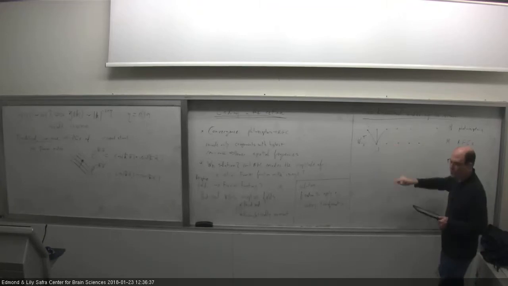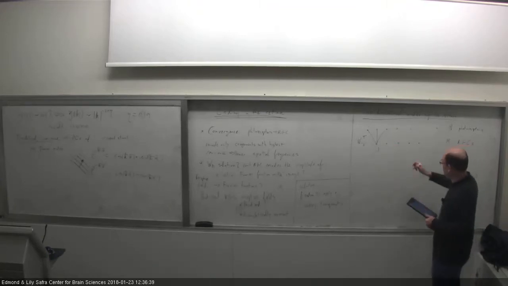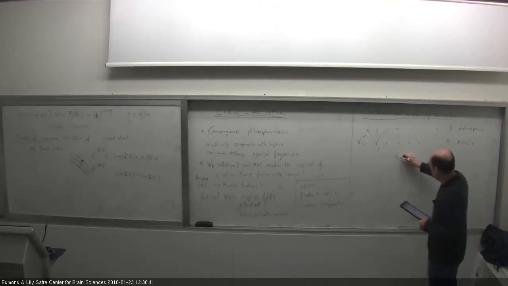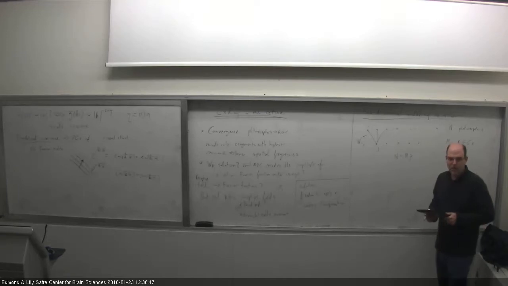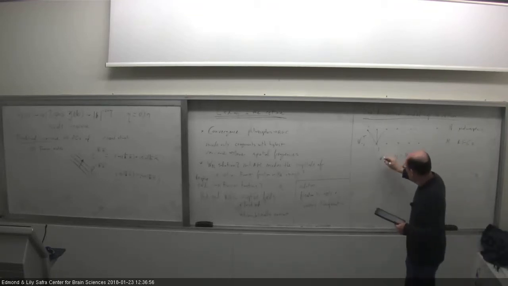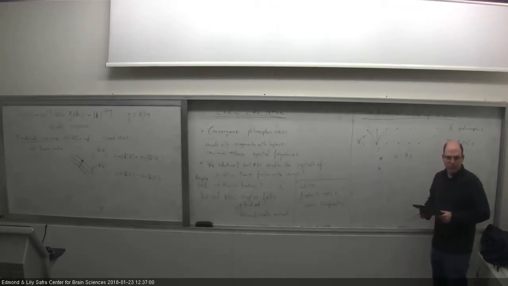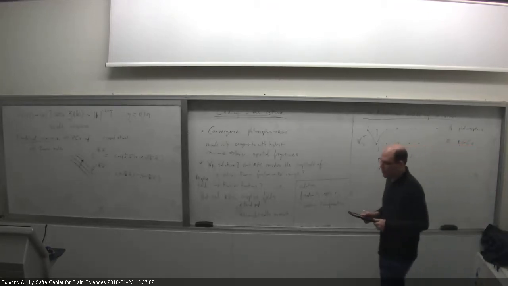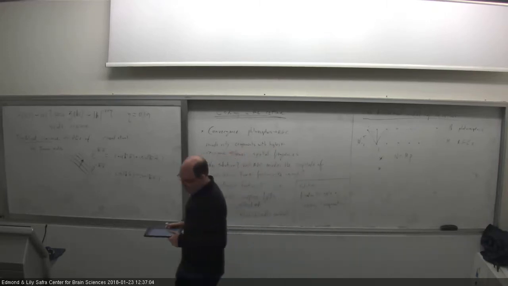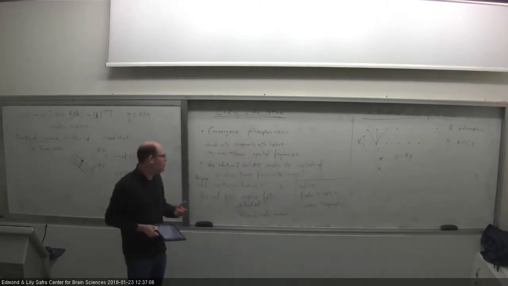But to make life easy for us, I'm going to assume that n is an integer multiple of m. So there's an integer number of photoreceptors per ganglion cell. And I'm going to make some additional mathematical simplifications, which will just make the theory easier to deal with.